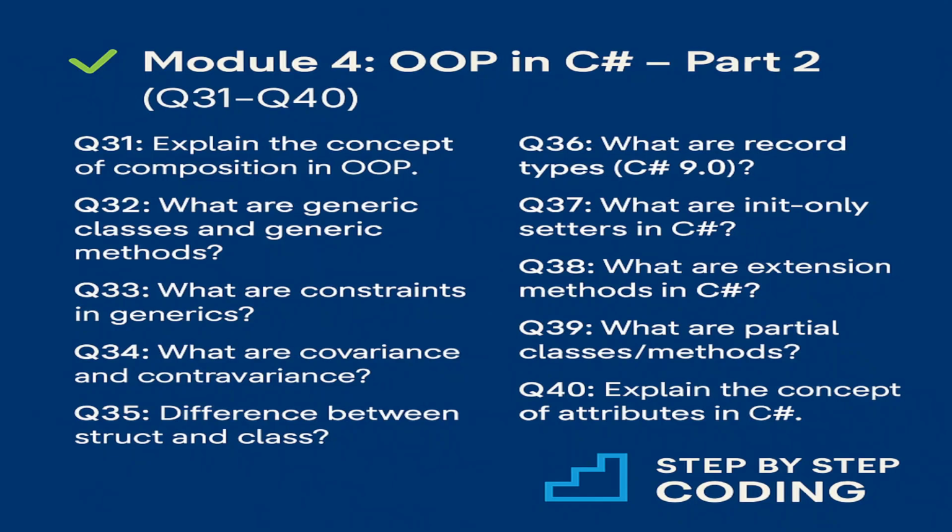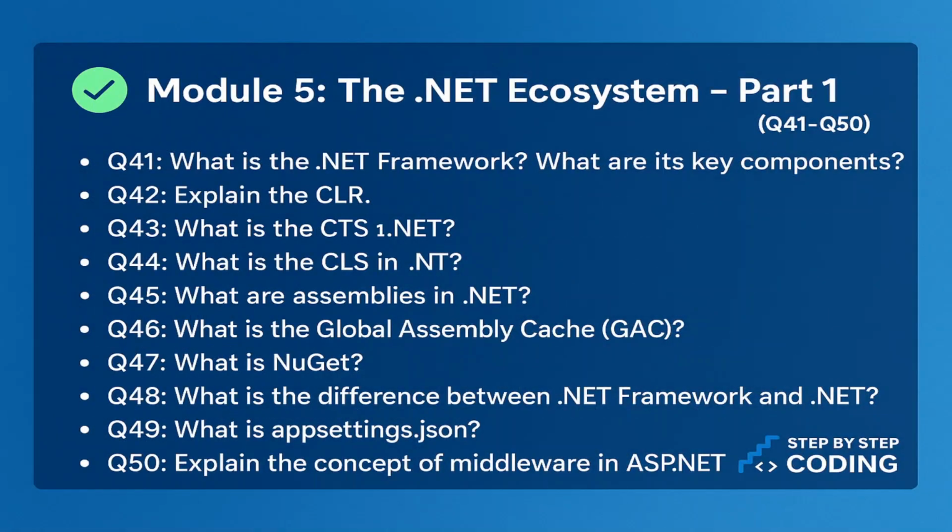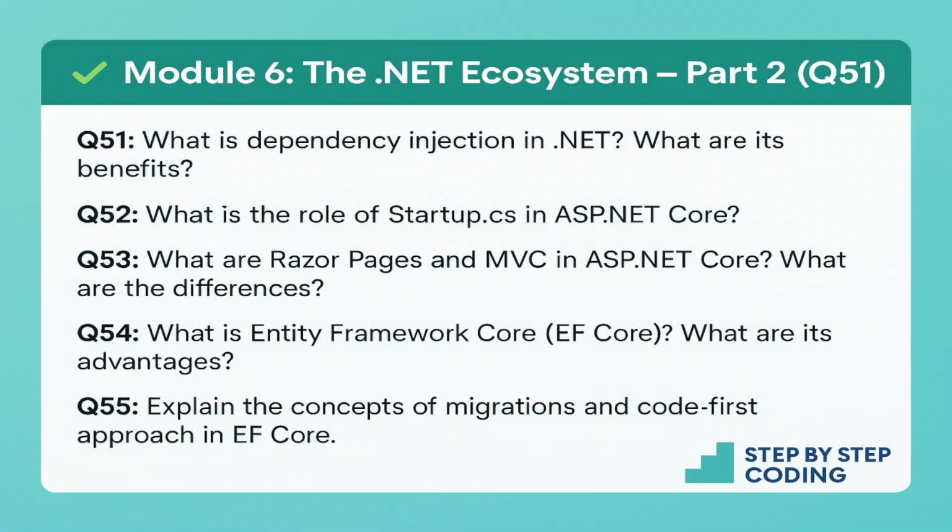Then we zoom out to the broader .NET ecosystem in Module 5. We will demystify the CLR, understand assemblies, and explore NuGet packages. And continuing that, in Module 6, we are going to cover ASP.NET fundamentals, from dependency injection to Entity Framework for data access.